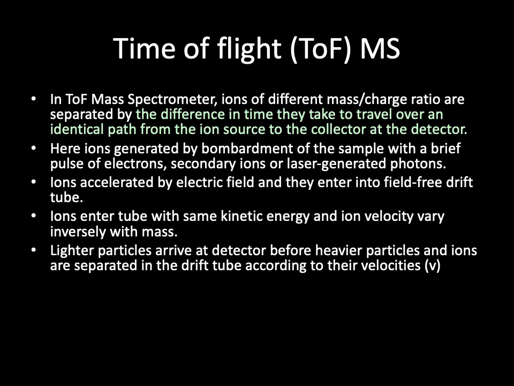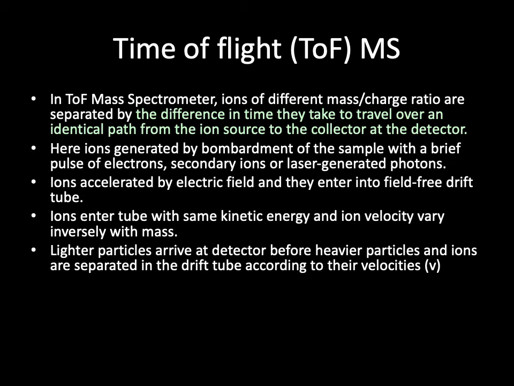In the TOF mass spec, the ions of different mass to charge ratio are separated by the difference in time they take to travel over an identical path from the ion source to the collector at the detector. Here the ions are generated by bombardment of the sample with a brief pulse of electrons and the secondary ions or laser generated photons.